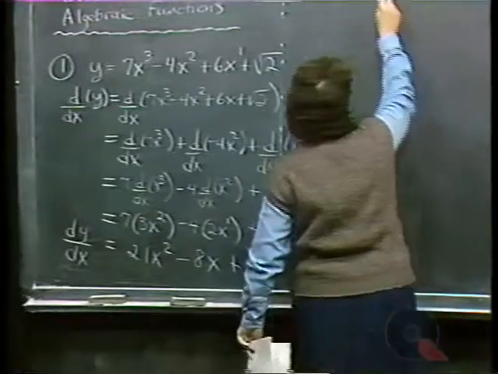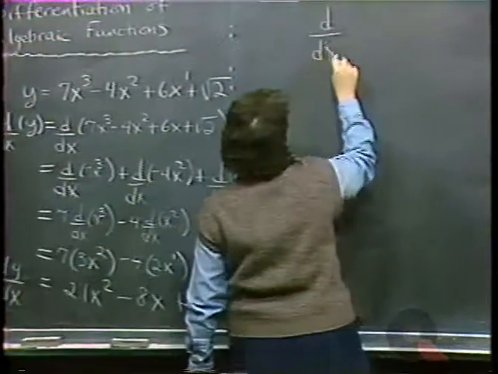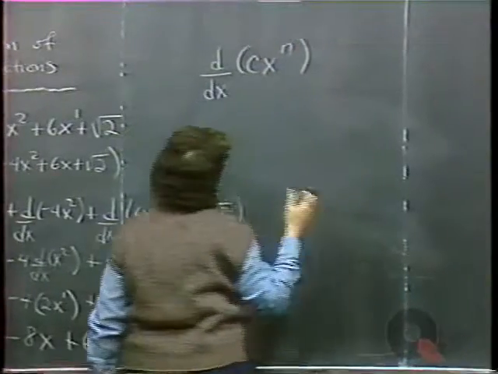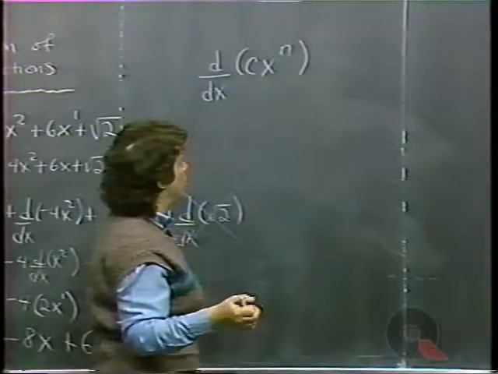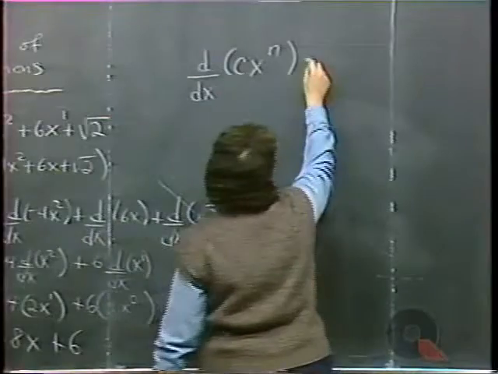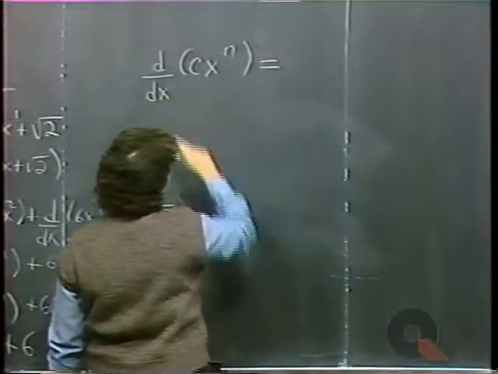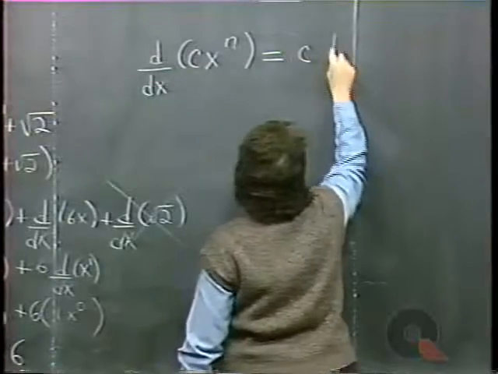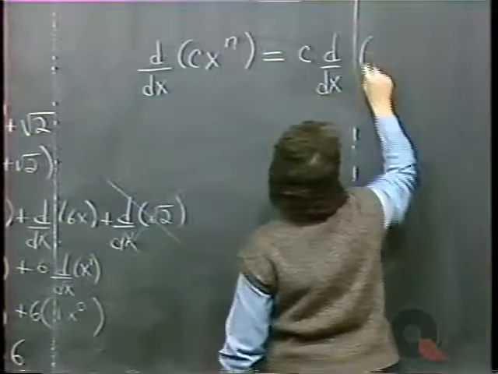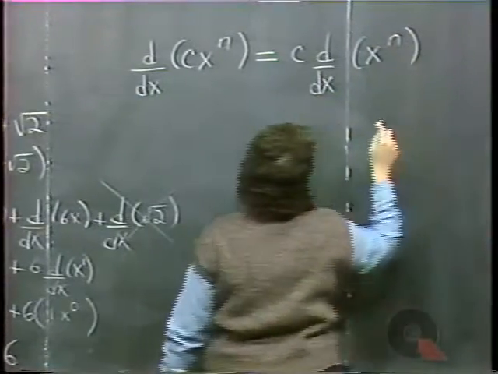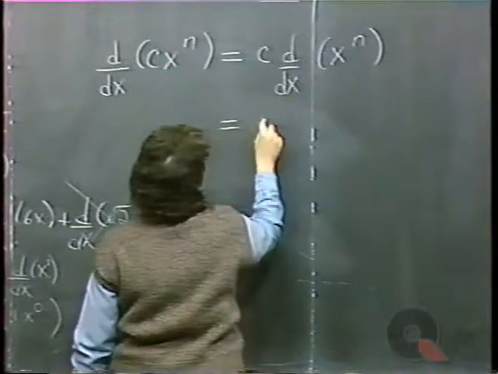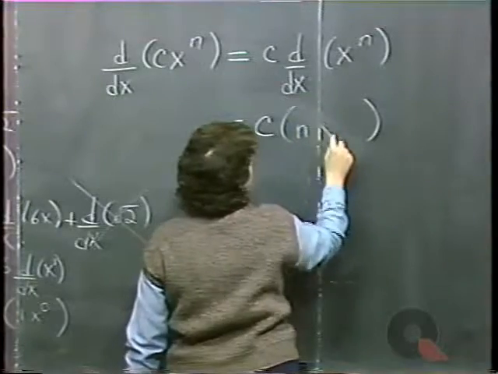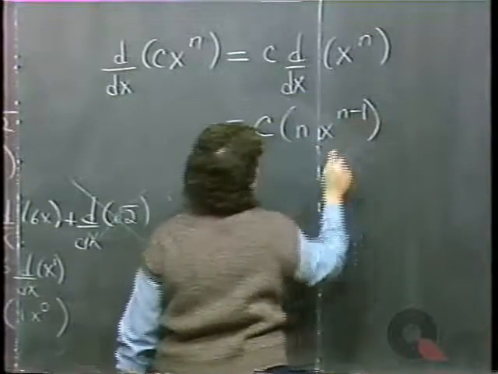We need to know the derivative of a constant times x to a power. This seems to come up a lot when differentiating a polynomial. We know that we can pull the constant out in front of the derivative symbol, so it's the constant times the derivative of x to the power, and the derivative of x to a power is simply the power times x to the 1 less power.